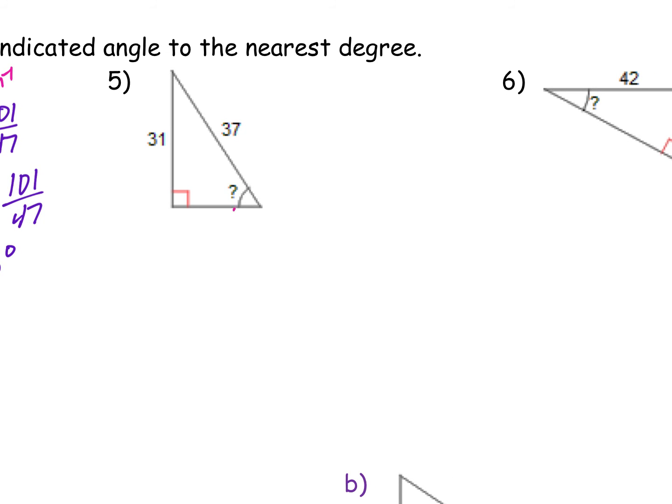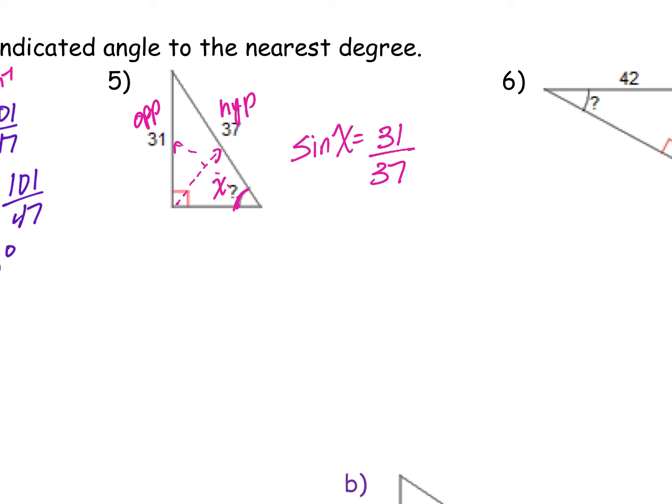Number 5, I'm going back to x. Sorry, it bugged me that I didn't have x on there. Here's my hypotenuse and my side opposite, which means I'm going to use which function? Sine of x is going to equal 31 over 37.